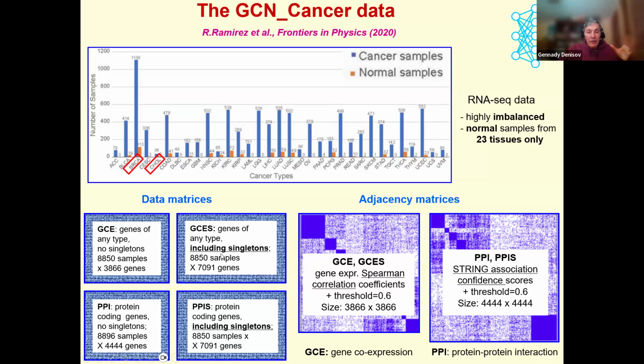The samples are RNA-seq samples. Yes, but in PPI, we use only a subset of genes, only protein coding genes, whereas in GCE, we use genes of any type, both RNA coding and protein coding, whatever is available in TCGA. Does this address the question?